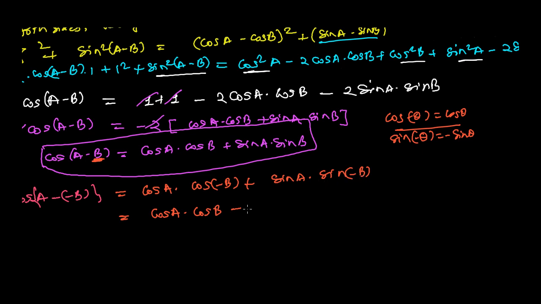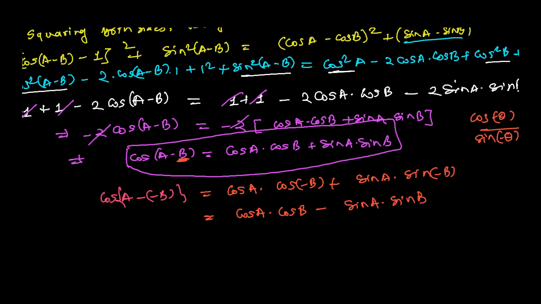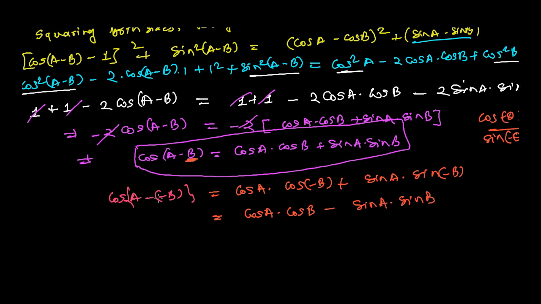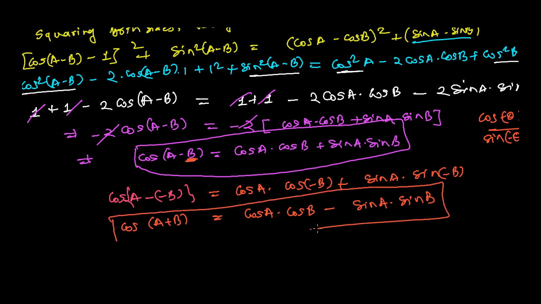So it will be cos a cos b, minus sine a times sine b. And cos(a minus of minus b), minus and minus make plus, so it is a plus b. This is how we find cos(a plus b).